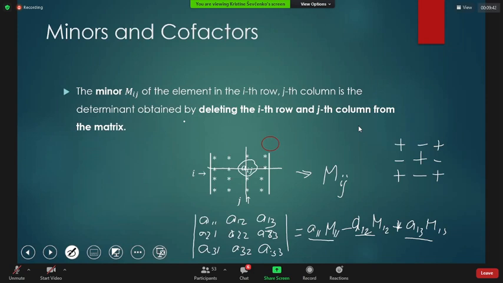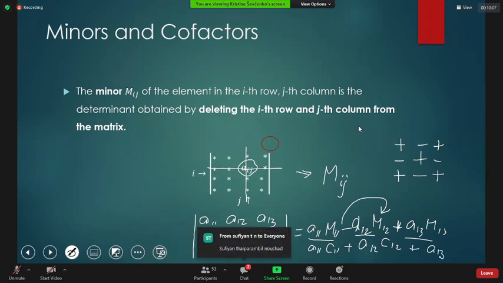So, instead of thinking plus minus, I can write a11 c11, because it's the same, plus a12 c12, because now this minus sign is included in the cofactor. Minus m12 actually is cofactor 12. And m13 is the same as cofactor 13.